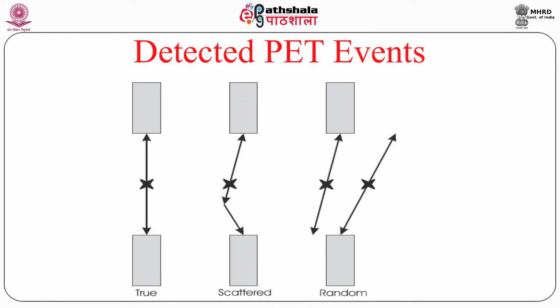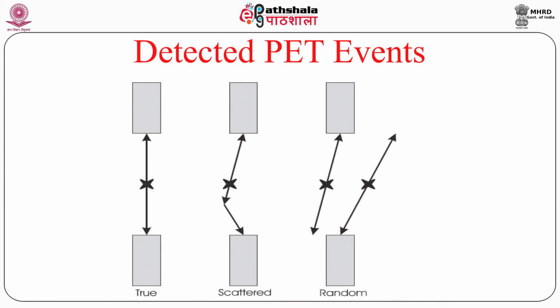True events very clearly say these two photons come in opposite directions, hit the detectors, and the event gets detected. Scattered means what? The photon emitted from one part of the organ may not be able to reach the detector directly. It may hit some other organs, bony particles or tissue particles, and get scattered. So it may happen that you get one event from a scattered photon and one unscattered photon.